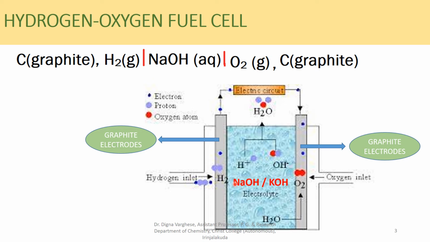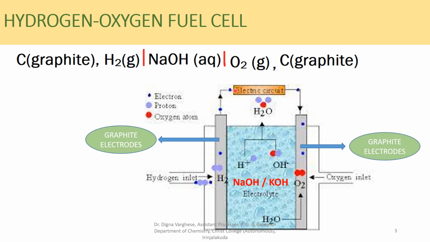Hydrogen gas is fed into the anode compartment and oxygen gas into the cathode compartment. The alkali solution is in between the two electrodes. So the hydrogen and oxygen gas at 50 atmospheres bubble into the alkali solution through the porous electrodes. The two electrodes are connected externally.